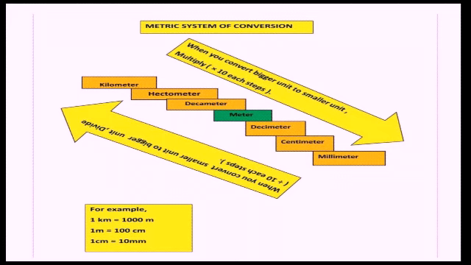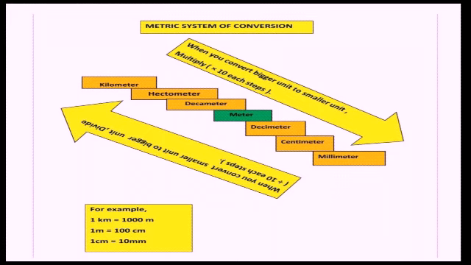Suppose you are converting kilometer to millimeter, then count the number of steps like 1, 2, 3, 4, 5, 6. So you have to multiply by 1 with 6 zeros. It will be the reverse process when you have to convert any smaller unit into a bigger unit: you have to divide by 10 for each step.